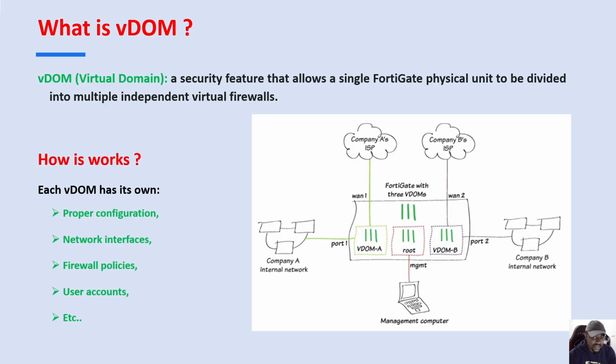Look at it like this: on your workstation, for example, let's say you have a desktop on which you have Windows 11. On that Windows 11, you install VMware Workstation 17 Pro. On that VMware Workstation 17 Pro, you now install multiple virtual machines.